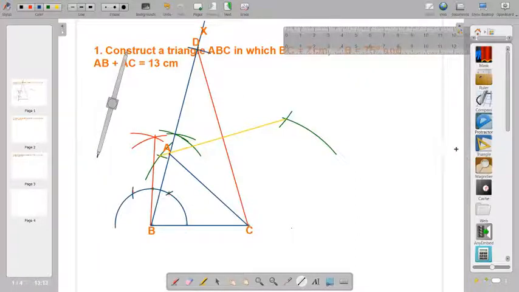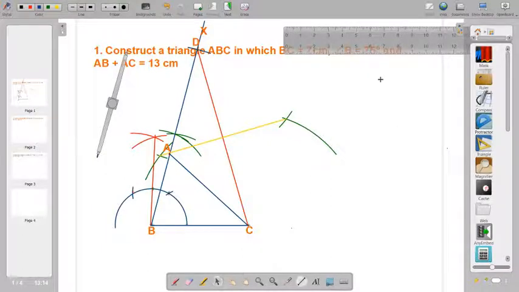Now you answer my questions. What is this yellow color line? This is the perpendicular bisector of CD, isn't it? Perpendicular bisector of any line. Now tell me, when A lies on the perpendicular bisector of CD, then what can you say? AC and AD will be equal or not?